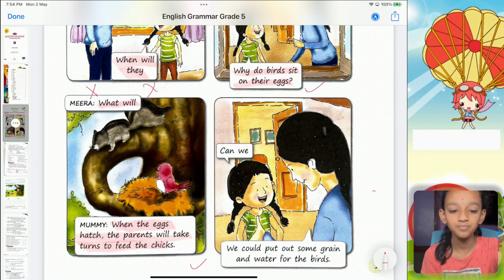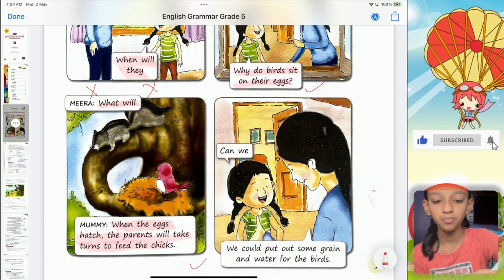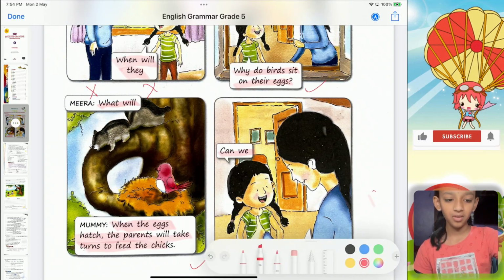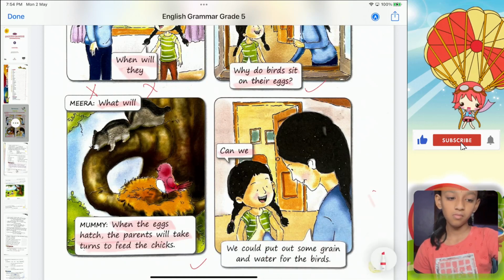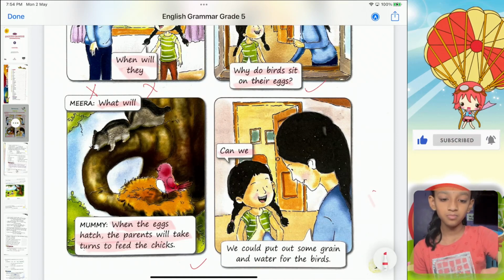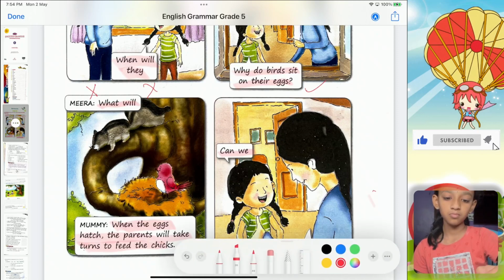Now Meera is saying, can we? Again, it's not a complete sentence or a question, and it does not end with a question mark if it is a question. What mommy is saying, we could put out some grain and water for the birds, is a sentence. So mommy is making complete sense.